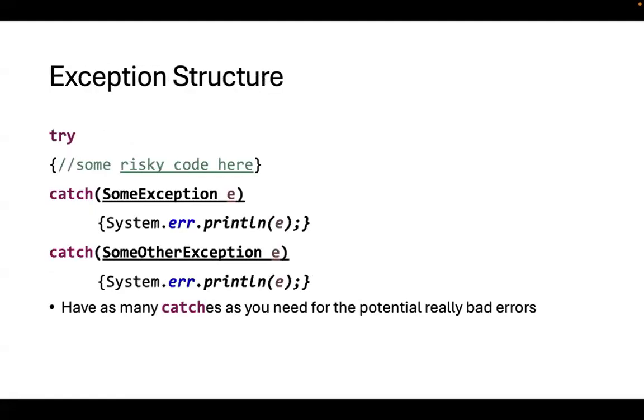So the way that we structure this is with something called try catch. So try is where we put, here's some risky code, something that could go wrong. And then after the try block of the risky code has finished, now we catch. And so here we have some exception E, some other exception.